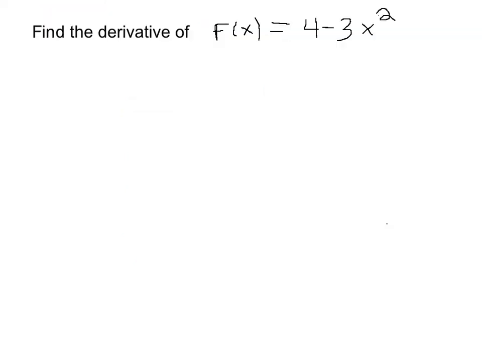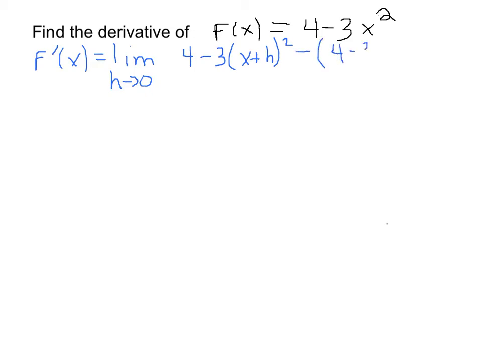Another example. So derivative f prime of x, derivative of f equals the limit as h approaches 0, 4 minus 3 times x plus h squared. So there's my f of x plus h, minus 4 minus 3x squared. There's my f of x, all divided by h.